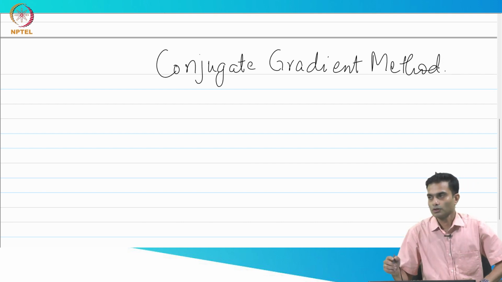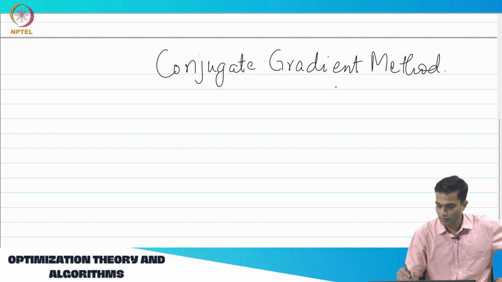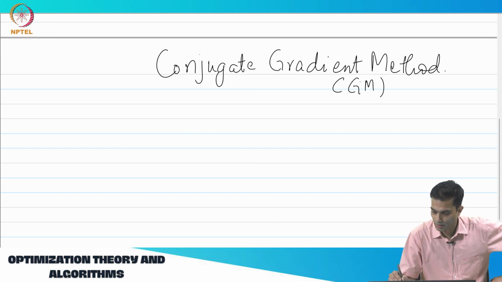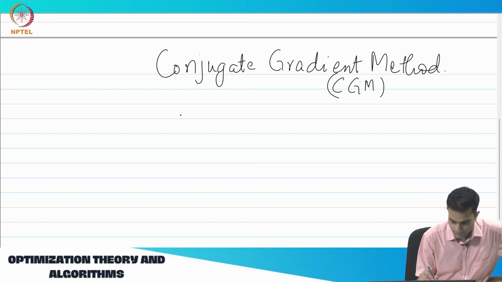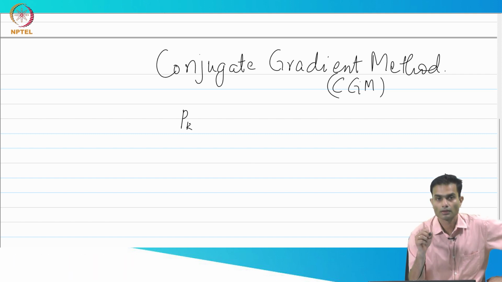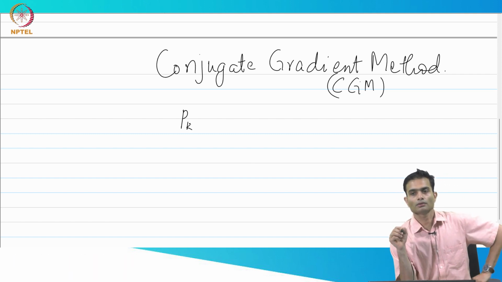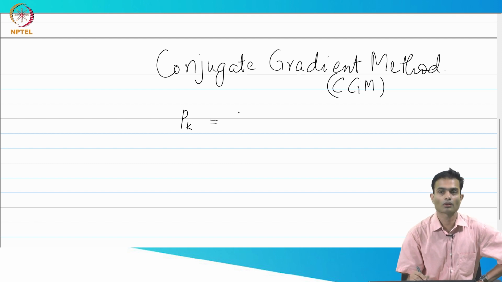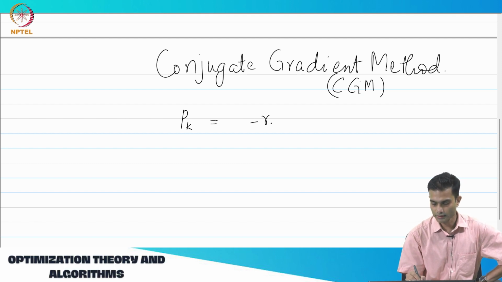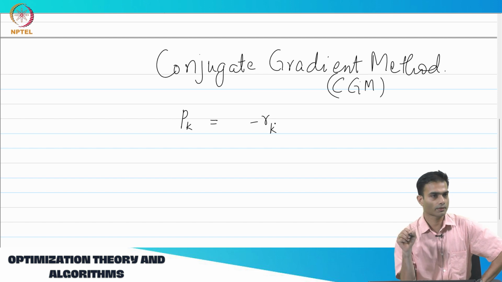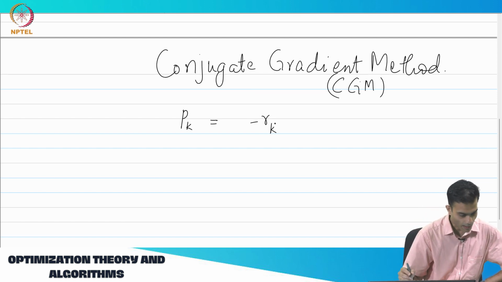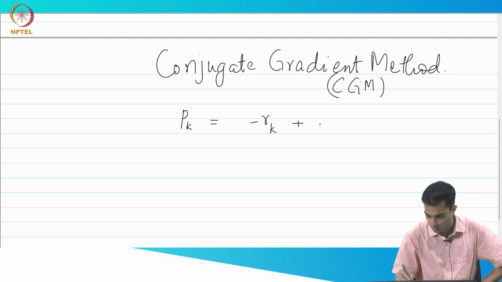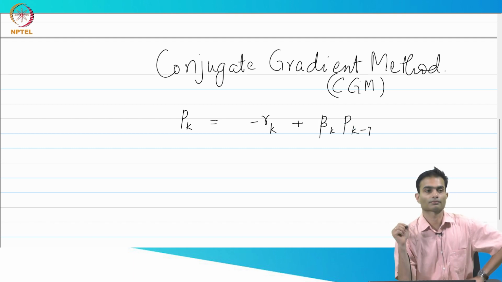Okay. So the clever thing about what is called CGM now is that the conjugate vector at the kth iteration depends on the residual at the current state, and some constant times the previous direction.